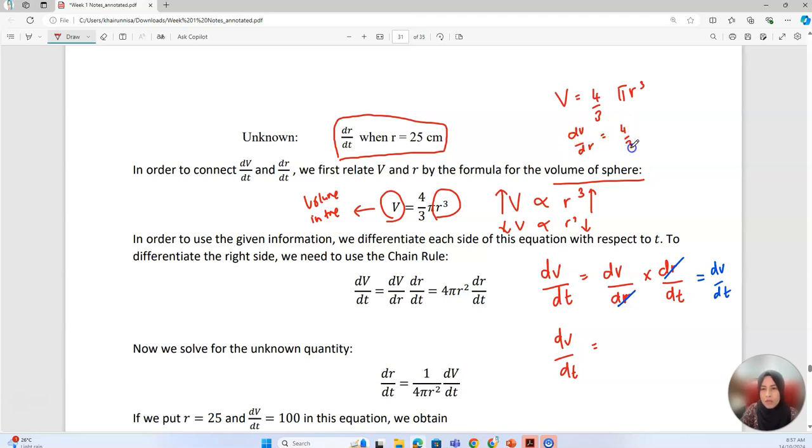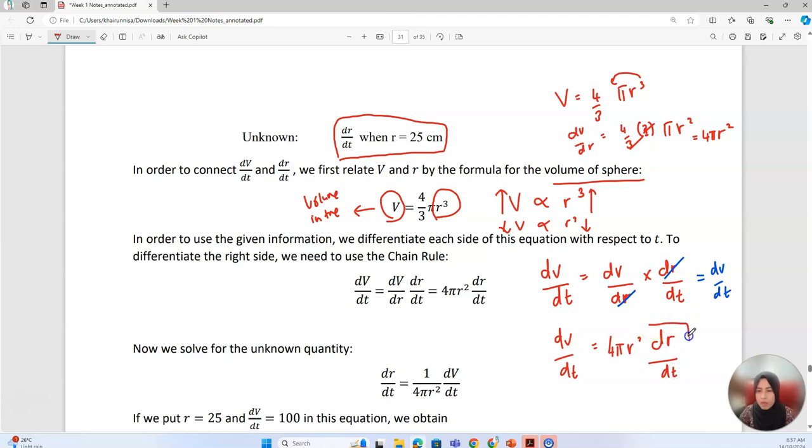What I will do is 4 pi over 3, bring the 3 here, 3 pi r, 3 minus 1. 3 minus 1 will be 2. So I will get 4 pi r squared, and then dr/dt.